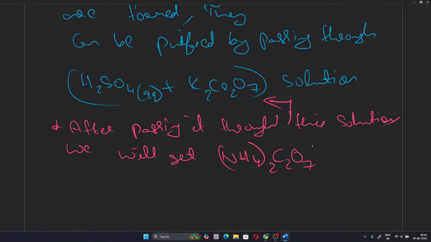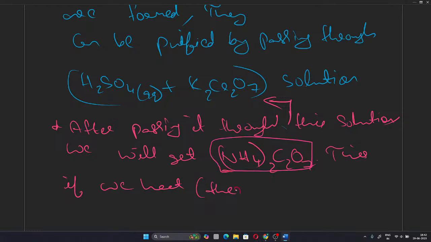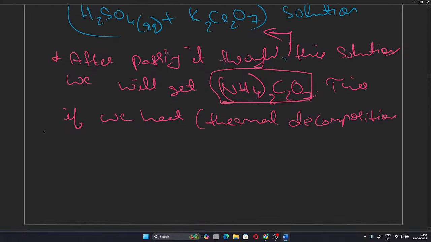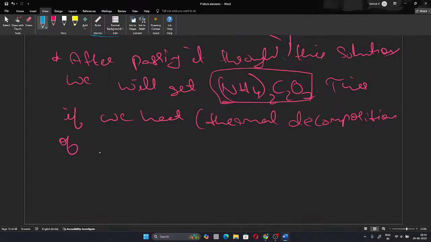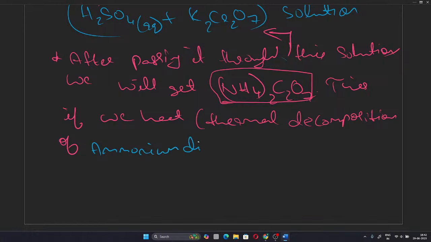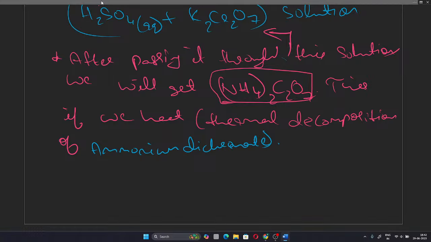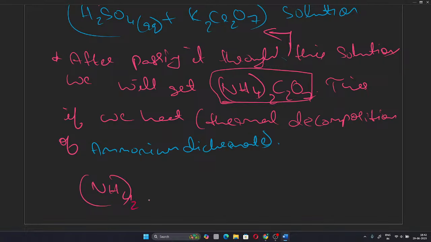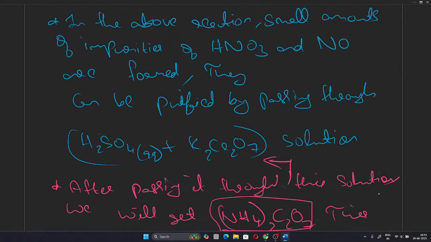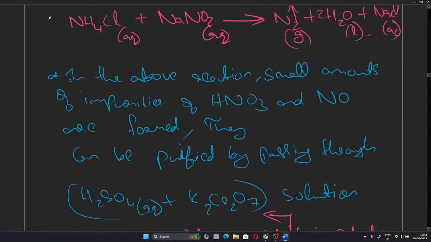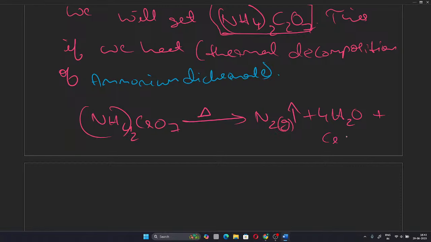If we heat it, or by thermal decomposition, ammonium dichromate will give N2, 4H2O plus Cr2O3.